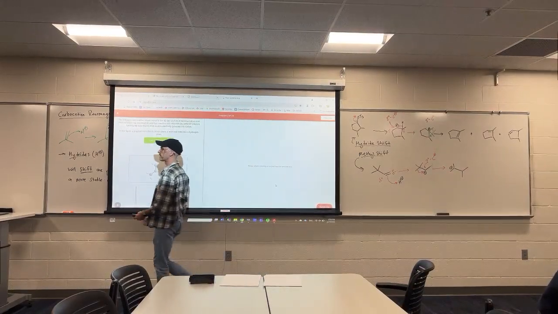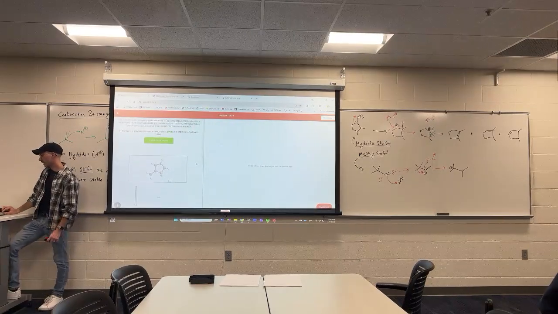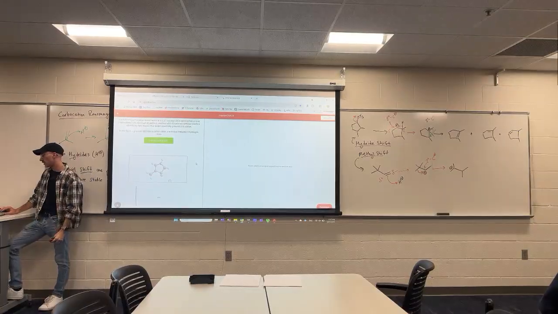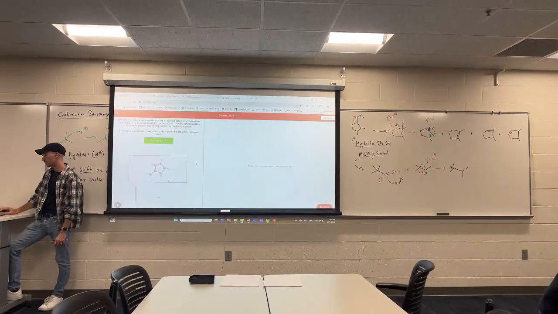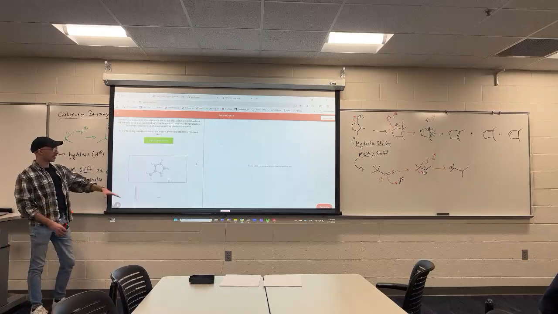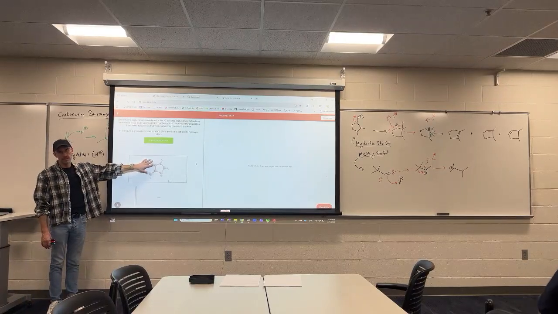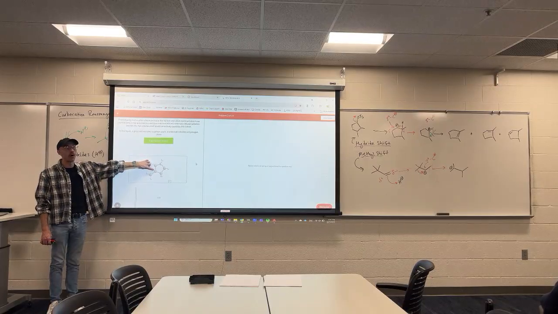All right, this question says, this carbocation is an intermediate in a reaction with an alkene, 2 different alkenes, and HCl. Identify the 2 alkenes that would selectively generate this cation. You're given a 3-dimensional model, but you can't move it. There's some tricky parts here, which is that this carbon has no hydrogen on it.